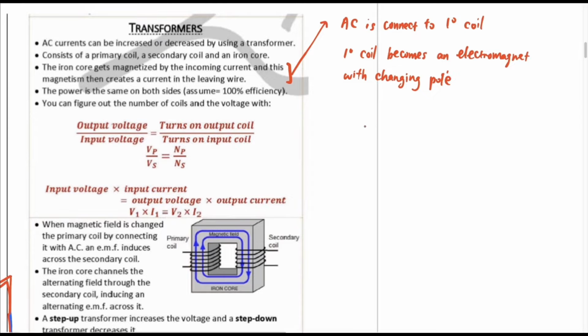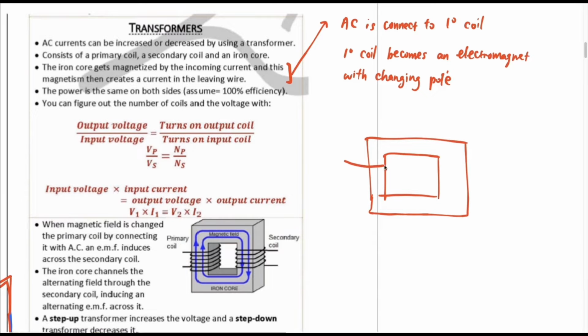So how do we determine the north pole and the south pole? Let's see one quick example. Let's say this is your primary coil. Maybe I put the iron core first. I will draw it in 2D. So let's see how it changes its pole. I coil like this. To make it convenient, I just draw a few rounds.